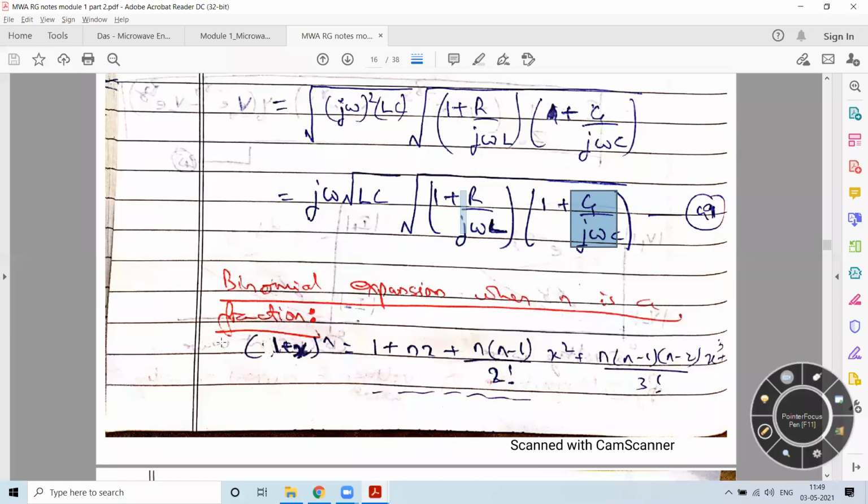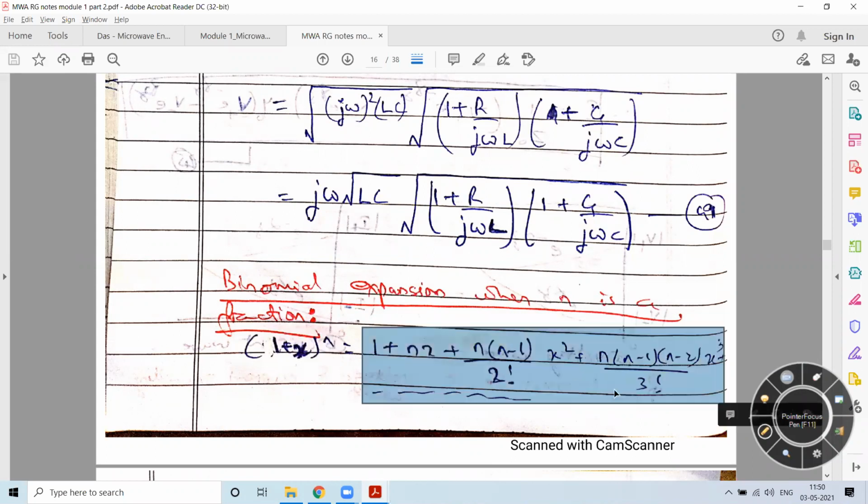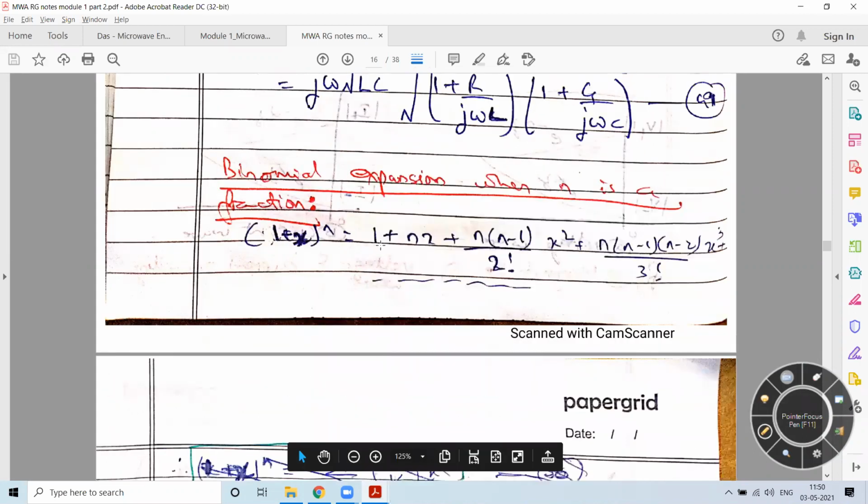So here we have in general one equation, that is (1 plus x) raised to n. In binomial expansion, it is given by 1 plus n into x plus n into (n minus 1) divided by 2 factorial into x squared and so on. So this is nothing but summation of k equal to 0 to infinity of nCk into x raised to k.